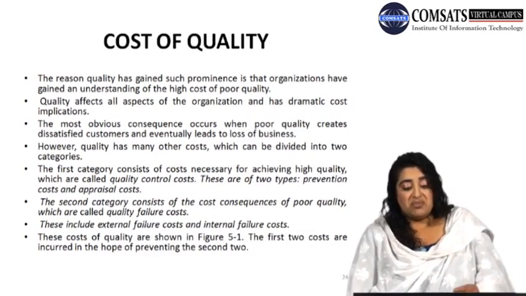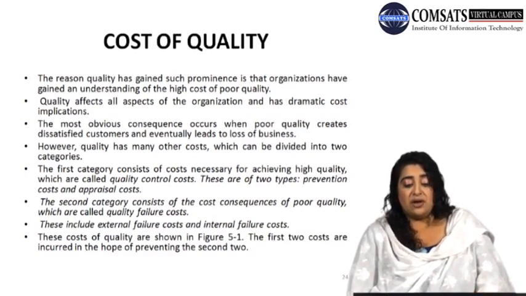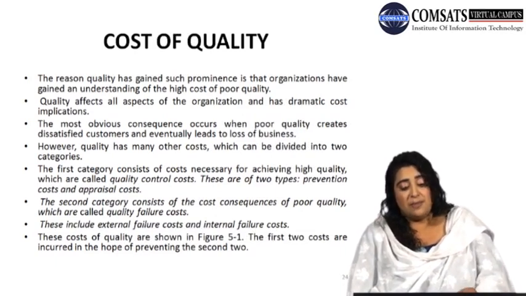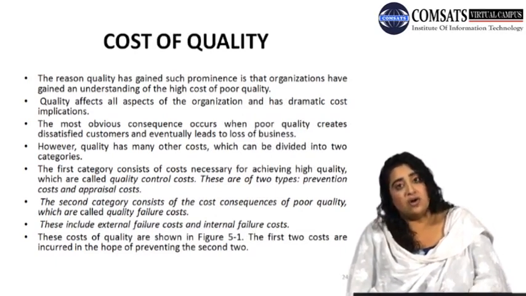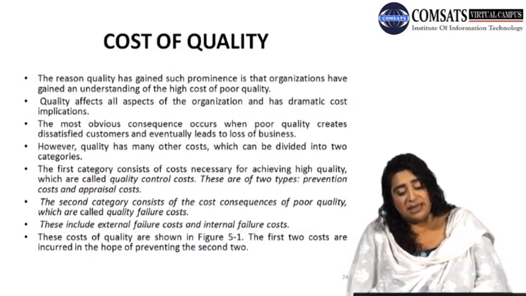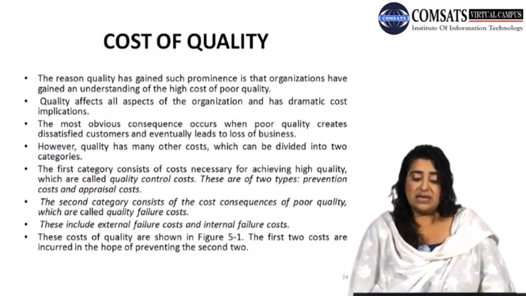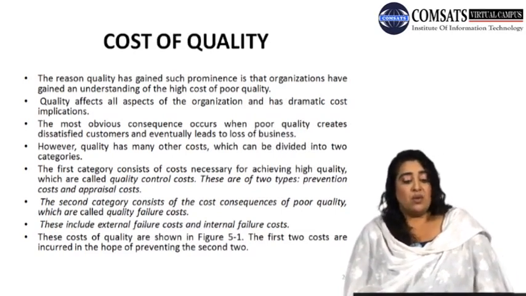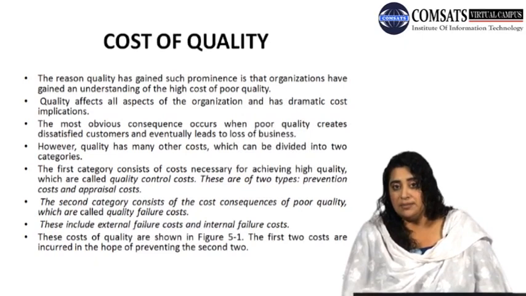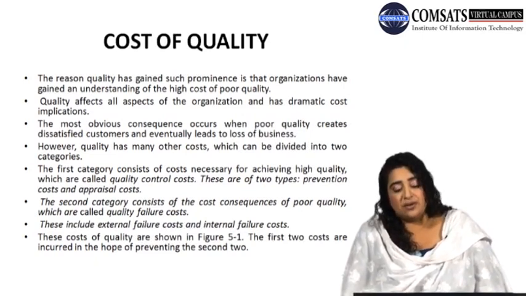So these include external failure costs and internal failure costs. अब सेकंड कैटेगरी क्या आ गई कि कॉस्ट कॉन्सिक्वेंसेस. अगर आप पुअर क्वालिटी देते हैं तो उसके कॉन्सिक्वेंसेस क्या हैं, वो आपके क्वालिटी फेलियर कॉस्ट में आ जाता है. उसमें दो चीजें आ जाती हैं, includes two things. One would be the external and one would be the internal failure cost.